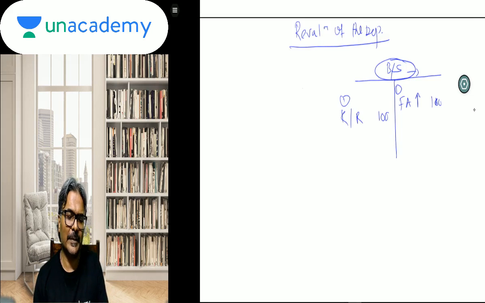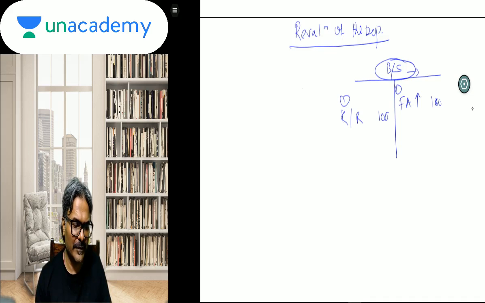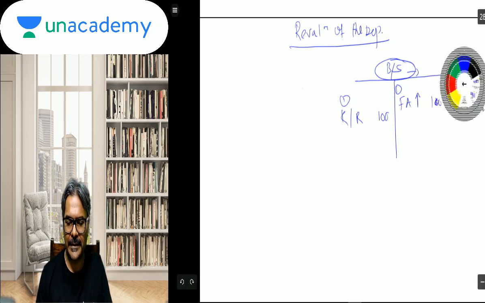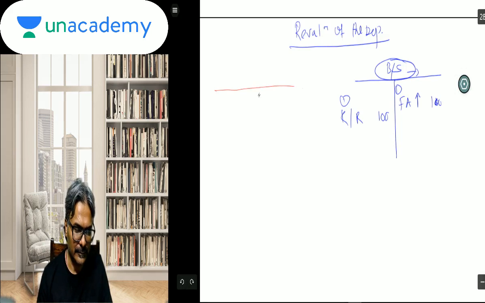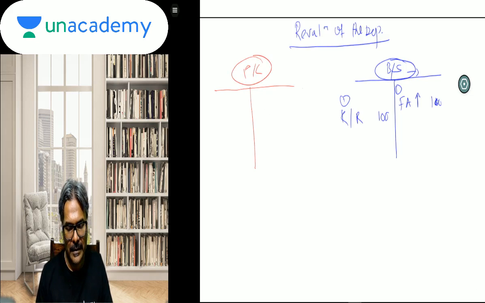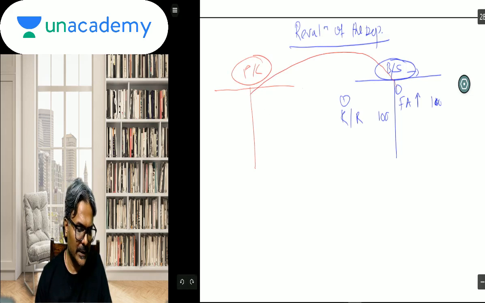Now students, what happens? You have already done this revaluation. Now what will happen, students? This fixed asset, for which you have already done the revaluation, will now enter your profit and loss account.